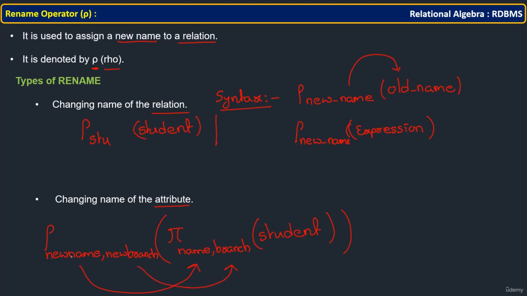The first new name is assigned to the first attribute in the projection, and the second new name is assigned to the second attribute in the projection. Like that, as many attributes as you have, correspondingly that many new names are going to be there in the rho. In this way you can give alias names or new names either for the relation or for the attributes. Okay.